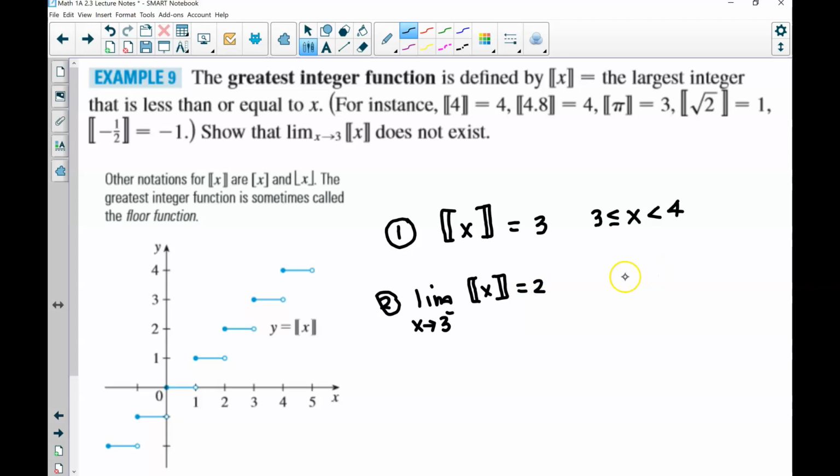Now if we want to find the limit where x is approaching 3 from the right of the greatest integer function here.